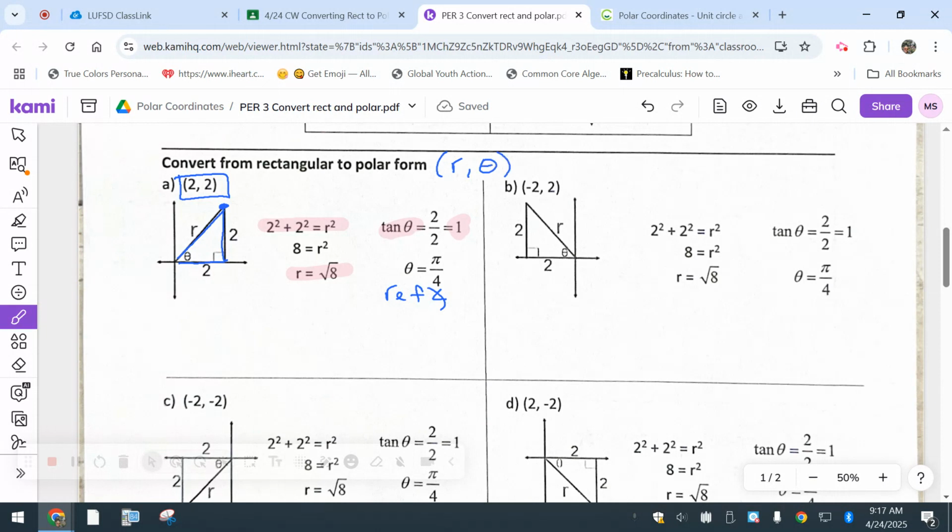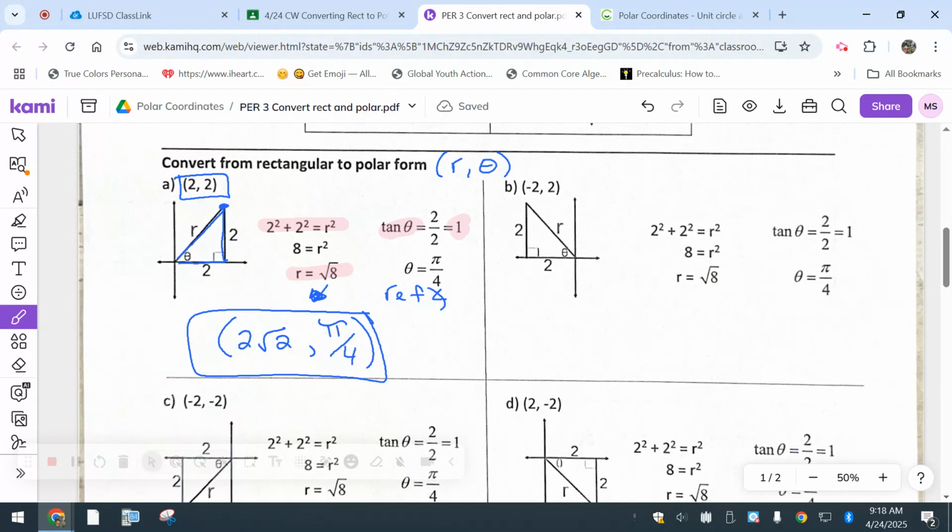I also like to simplify the square root, so the square root of 8 would become 2 radical 2. That would be your r, and your theta is pi over 4. So you write 2 square root of 2 comma pi over 4, and that's the polar point. It has the r value, and then it has the theta.